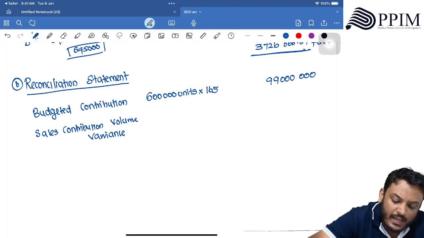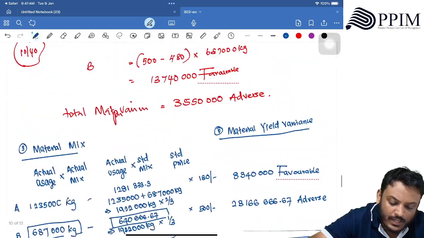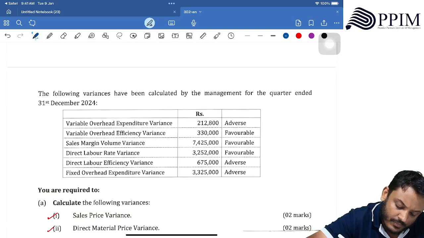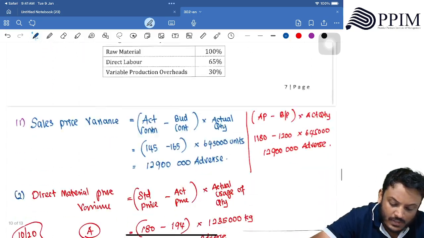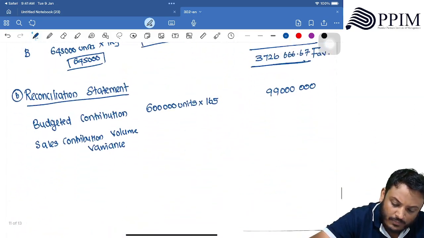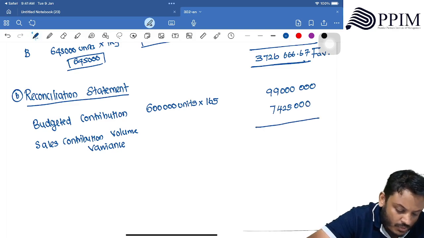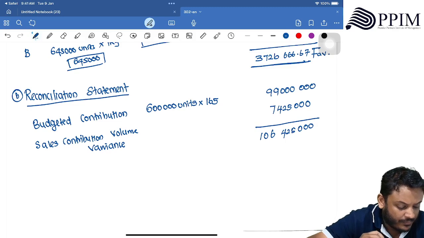See, they gave the variance list in the question. 7,425,000. So after adjusting this, 106,425,000. Right?